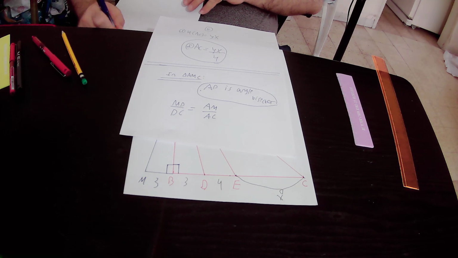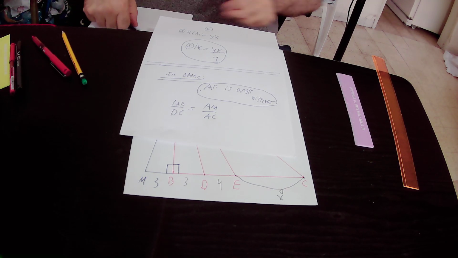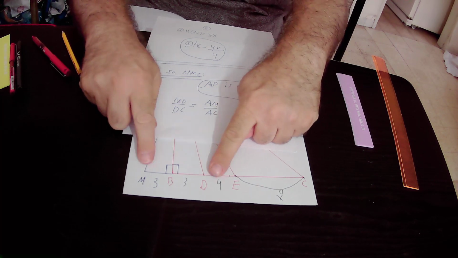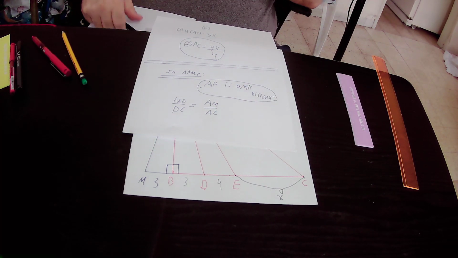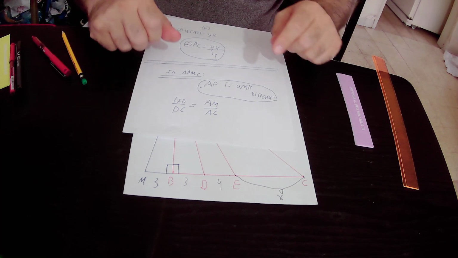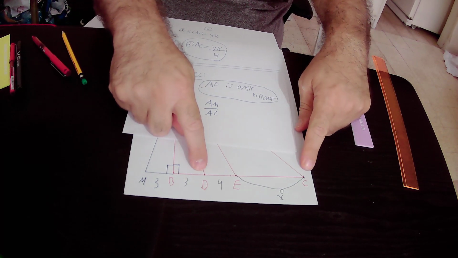So what is the value of MD? The value of MD is actually 3 plus 3, that is to say 6. What is the value of DC?